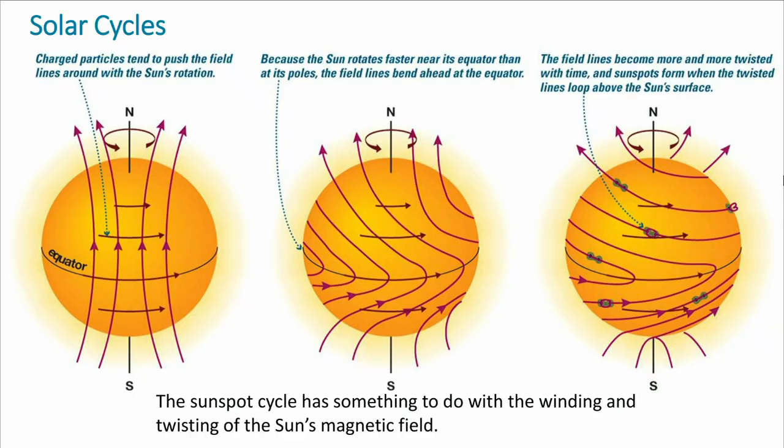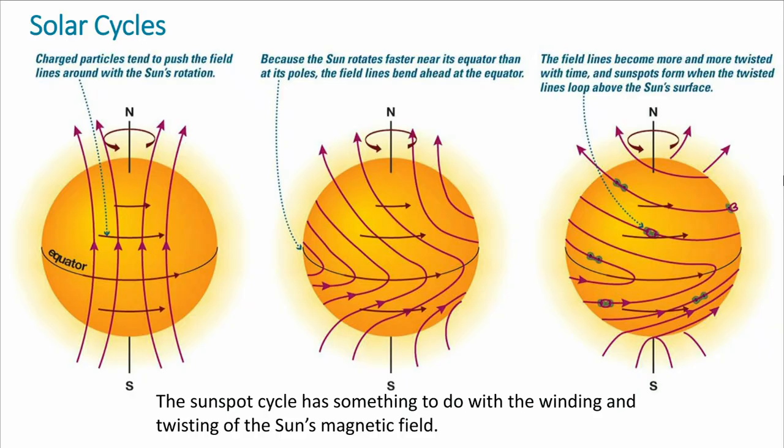But when the thing that generates the magnetic field is not solid, those magnetic field lines can get all twisted up, and where you get magnetic field lines crossing, we think that's where we can generate these sunspot pairs, where we get a magnetic field line bulging out from the surface of the sun.